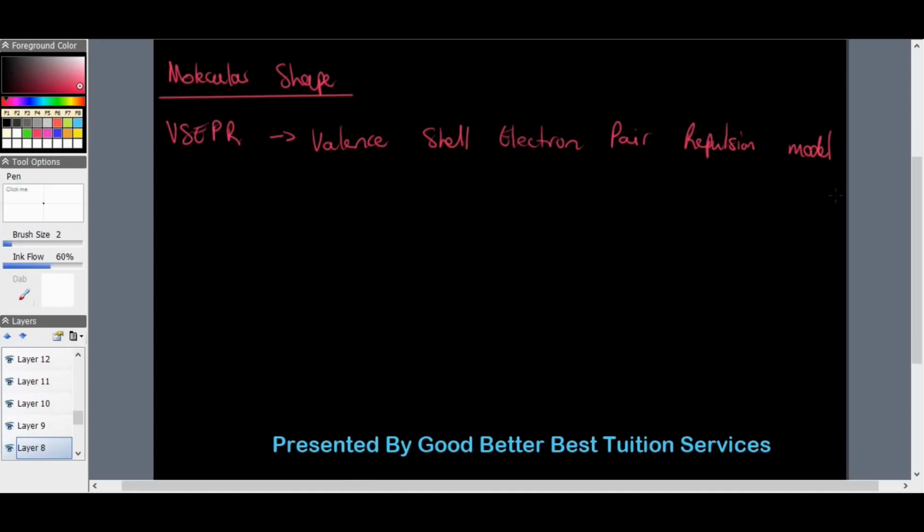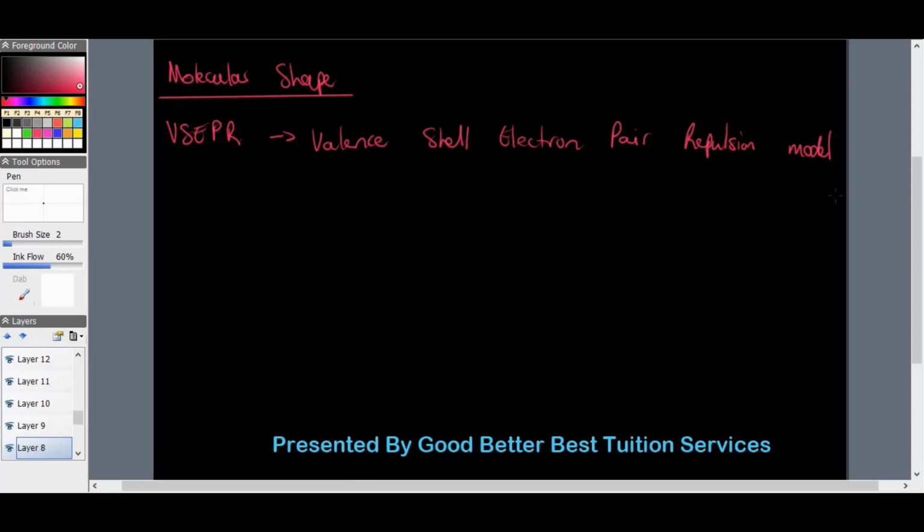What this model assumes is that the electron pairs in the outermost energy level of a central atom are arranged around the atom to minimize the repulsion between them. So, in other words, to increase attraction and minimize repulsion.